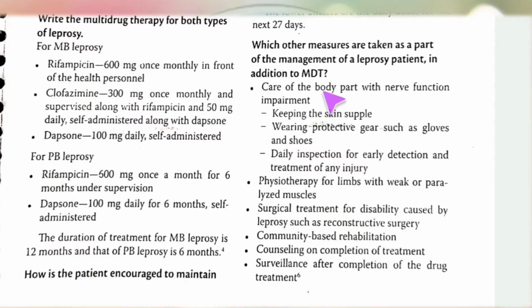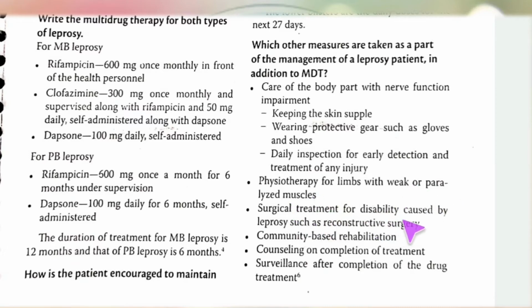So these are the necessary things which you have to take care of in case of leprosy along with the medication part. Number 1 is care of the body part with nerve function impairment, that is keeping the skin supple, wearing protective gear such as gloves and shoes, and daily inspection for early detection and treatment of any injury. Second is physiotherapy for limbs with weak or paralyzed muscles.